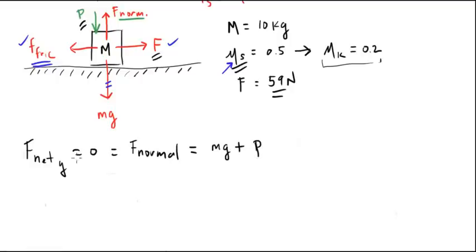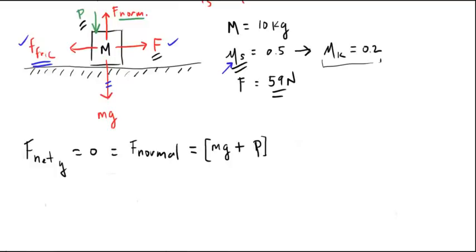Automatically, this is going to happen because assuming that the table doesn't break, we can have no acceleration in the y direction. So the F net in the y direction must be 0. So this must now be true. So by pushing down on the block, I've increased the normal force. And by increasing the normal force, I've increased the friction. And the question I want to ask now is, how hard do you need to push?